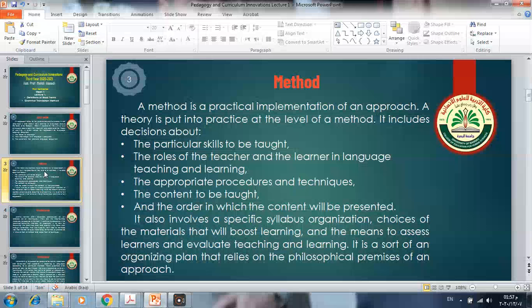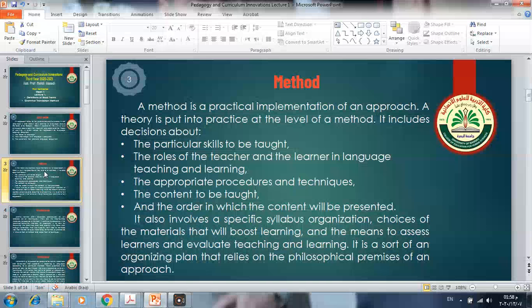The method includes decisions about the particular skills to be taught. So what skills do we need to teach? For example, for a certain purpose, we need to teach the skill of speaking.